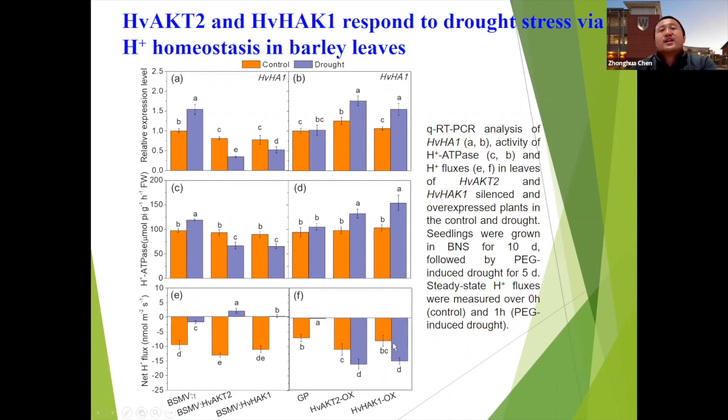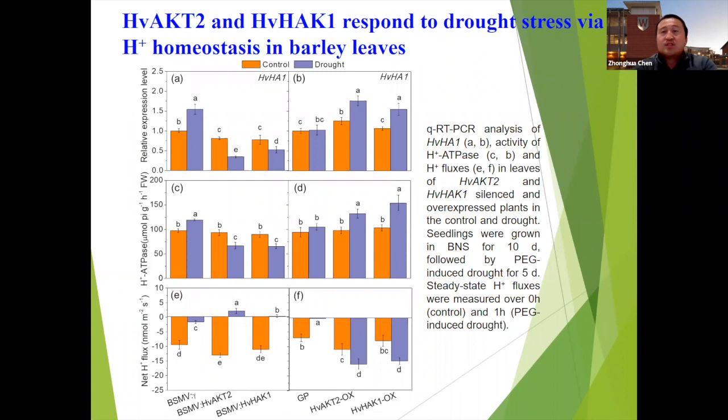On the contrary, when we overexpress HvAKT2 and HvAKT1, the proton pump activity has been restored, and in some cases those activities actually increased. This is kind of to our surprise, but that's what we observed.